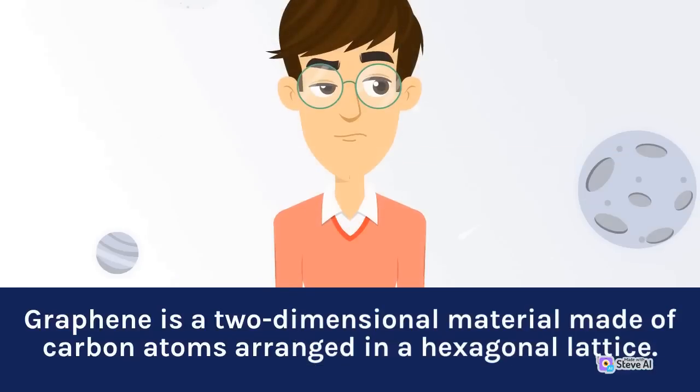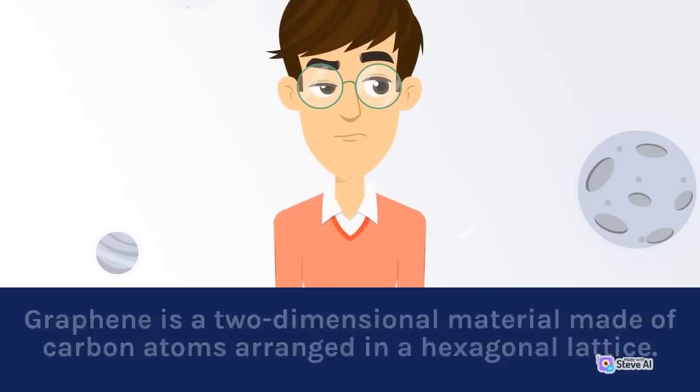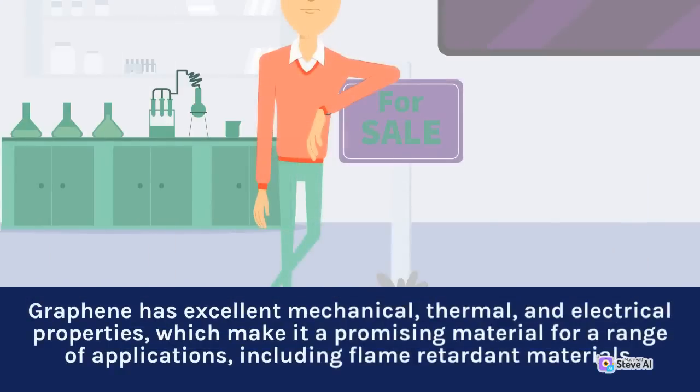Graphene is a two-dimensional material made of carbon atoms arranged in a hexagonal lattice. Graphene has excellent mechanical, thermal, and electrical properties, which make it a promising material for a range of applications, including flame retardant materials.